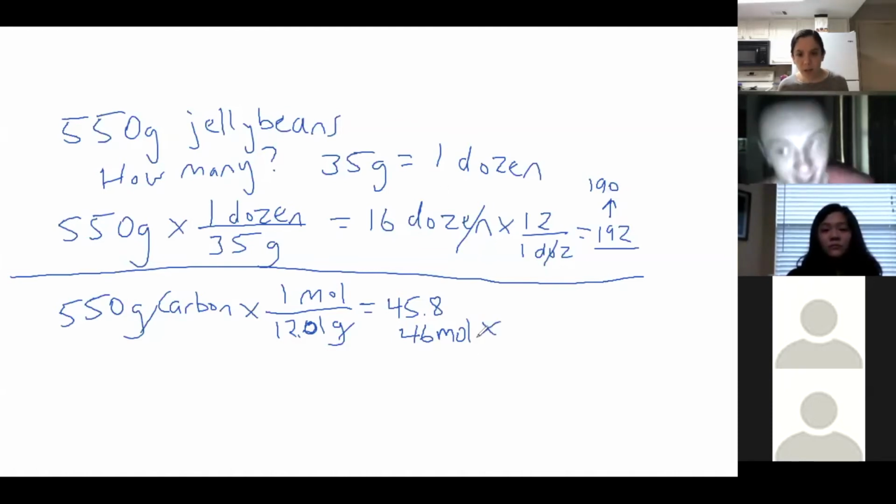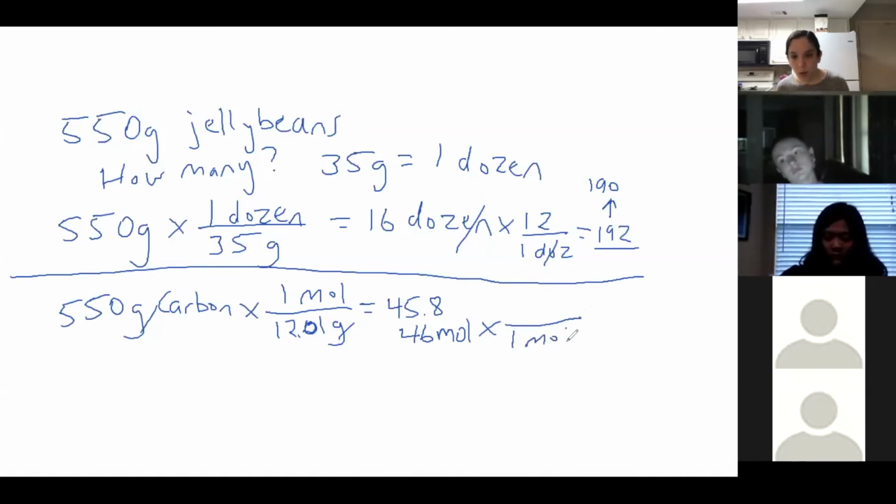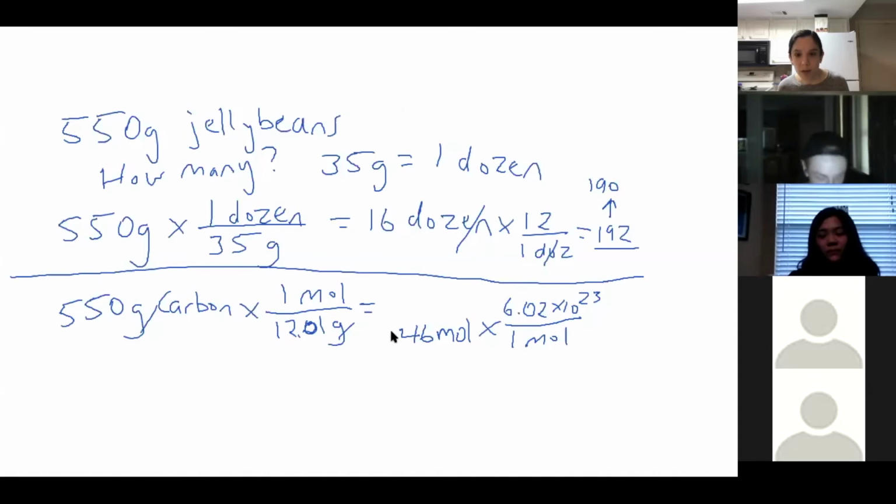But the question is, how many atoms are there? So we have to have one more step. In 1 mole, we know it's Avogadro's number of particles, 6.02 times 10 to the 23rd. So we would multiply the number of moles times Avogadro's number, and that would give us the answer in, sorry, the answer in atoms. 46 times 6.02.